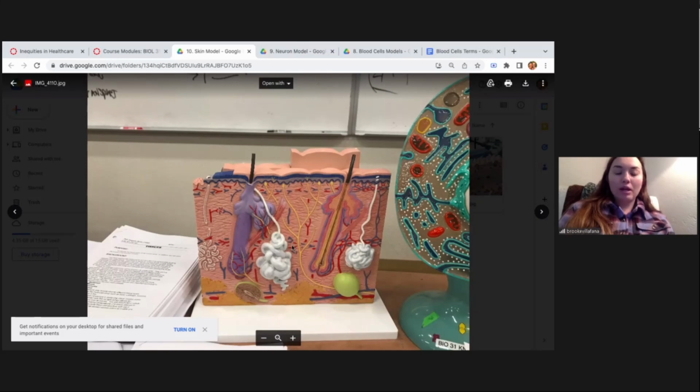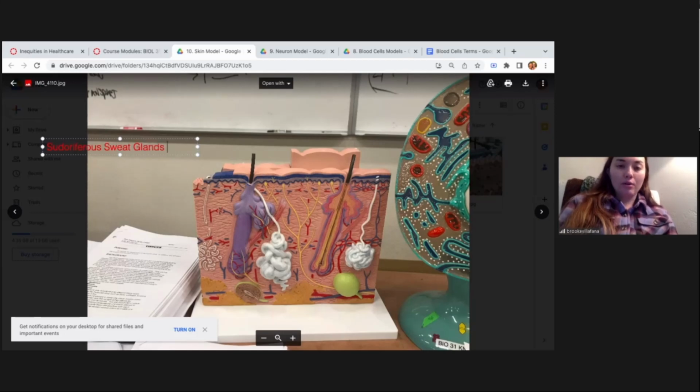Remember how you learned about sudoriferous sweat glands, and hopefully you've already taken a look at the lecture, especially if your exam is on Monday or Tuesday. Sudoriferous sweat glands are the water sweat glands, right? And then you also have your sebaceous glands, which are the oil glands, right?